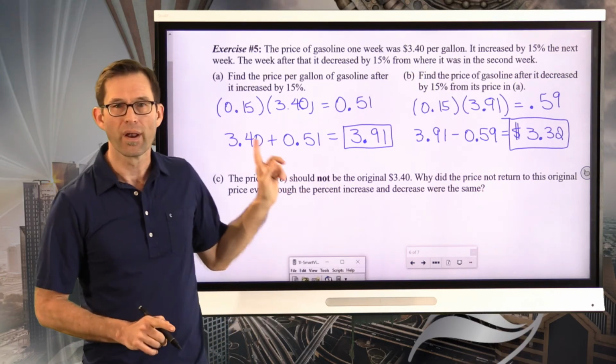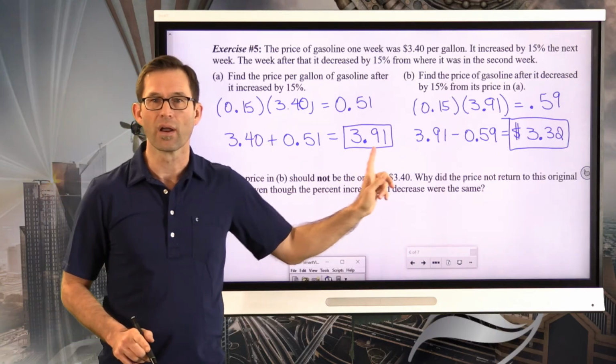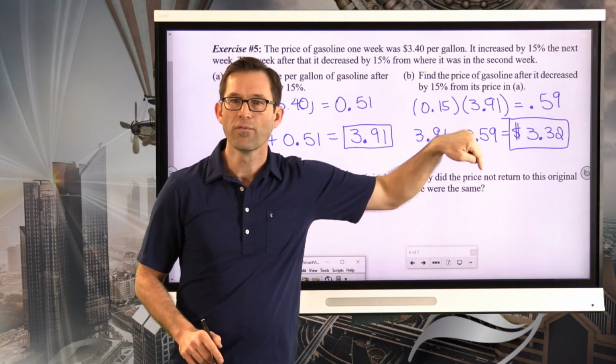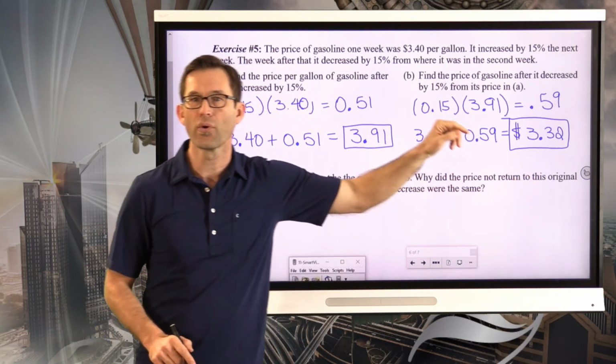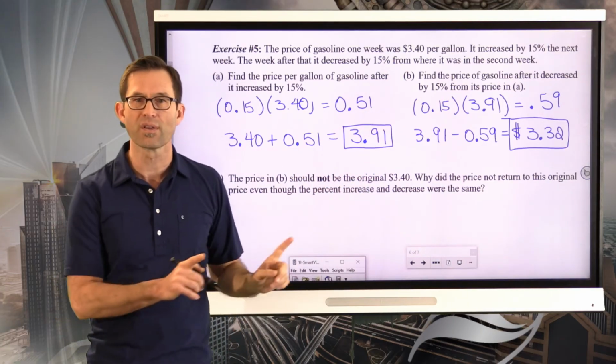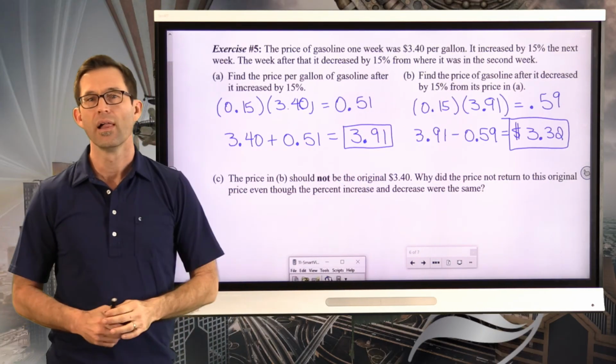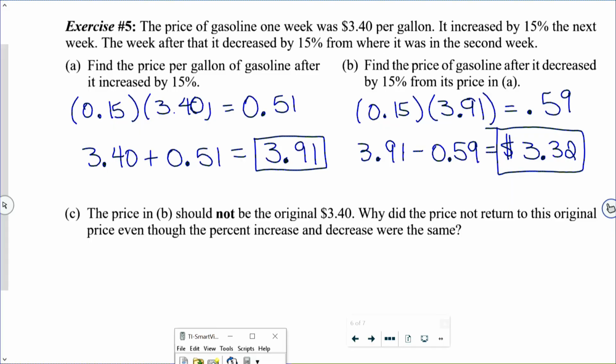But here, we went up 15% to get to $3.91, then we went down 15% and we got $3.32. We started at $3.40. So that's what letter C is all about. Letter C says, the price in B should not be the original $3.40. Why did the price not return to this original price, even though the percent increase and decrease were the same?